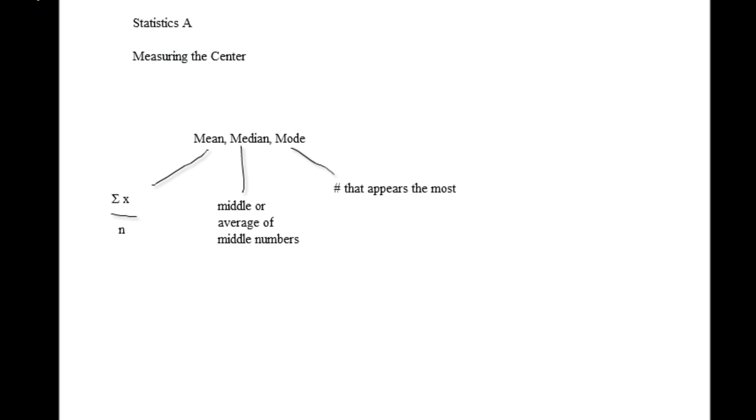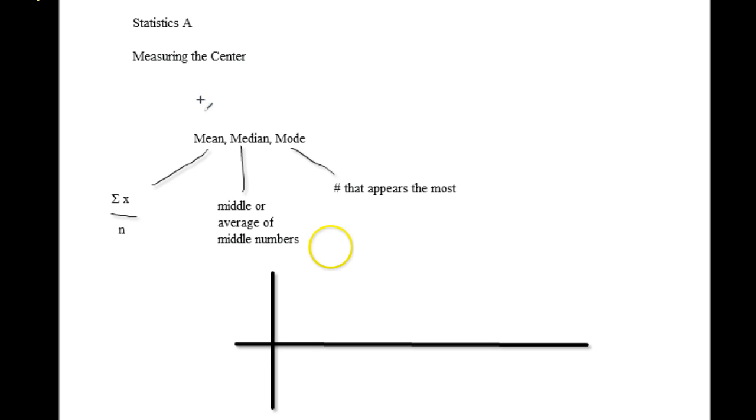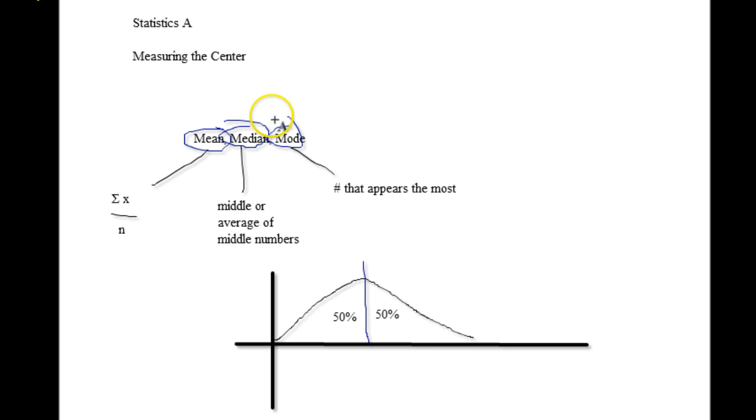Now, here's a cool thing, and this is what we're going to talk about later: if you have everything lined up, let's say the heavens lined up and the sun is shining on you and everything looks good and perfect, these three should be the same, and they should appear in the middle of your data. 50% of the data should be on this side and 50% on this side, and they all show up as the same number.